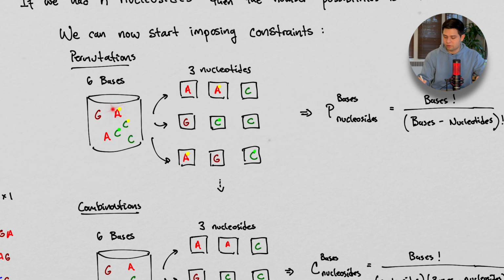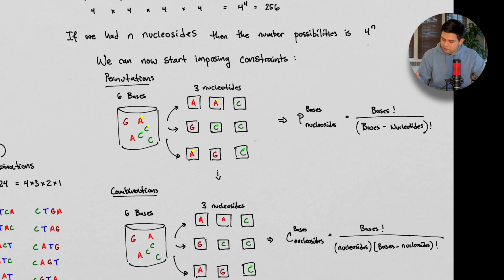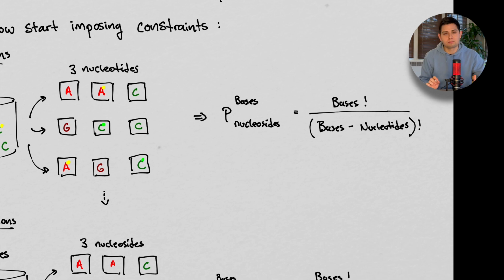Order matters, meaning we've radio labeled these things and we can theoretically look at where they are with respect to each other on the chain. Then we can say, well, here's a potential outcome, here's a potential outcome, and here's another one, and this could go forever, right? Not forever. We actually have a limited number of permutations we can have, because we're only working with 3 boxes, and these things are radio labeled, so order is going to matter. Well, in that case, this is going to be a combinatorial question, and this question is answered by a permutation.